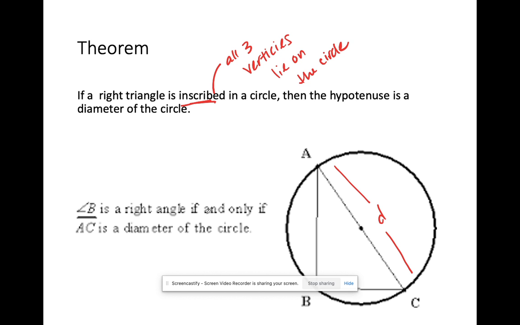And it's an if and only if, so it works in the opposite direction as well. If I have a diameter and I go put a triangle in, then that would be a 90-degree angle. Keep in mind that your diameter is equal to 2 times the radius. So if you know the radius, you can find the diameter or vice versa.